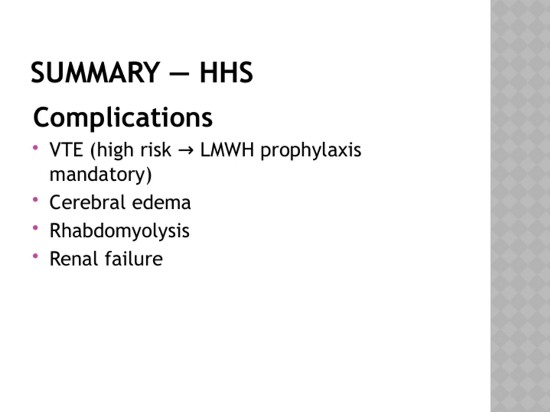Rhabdomyolysis is another concern. This is when muscle tissue breaks down rapidly, potentially leading to kidney damage. Speaking of the kidneys, renal failure is also a serious complication that we need to be vigilant about. To sum up, while HHS is primarily characterized by extreme hyperglycemia and dehydration, these complications remind us that it can rapidly become a life-threatening condition if not managed promptly and carefully.